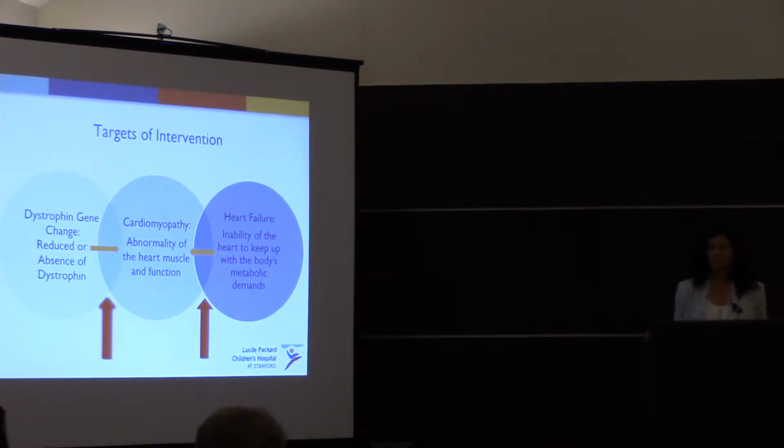Because while in DMD the abnormality is an alteration in the dystrophin gene, there are many other forms of cardiomyopathies that are also affected by a genetic change in one of the heart muscle components. And so the models we use for dilated cardiomyopathies of many different etiologies are all very relevant to Duchenne muscular dystrophy as well.